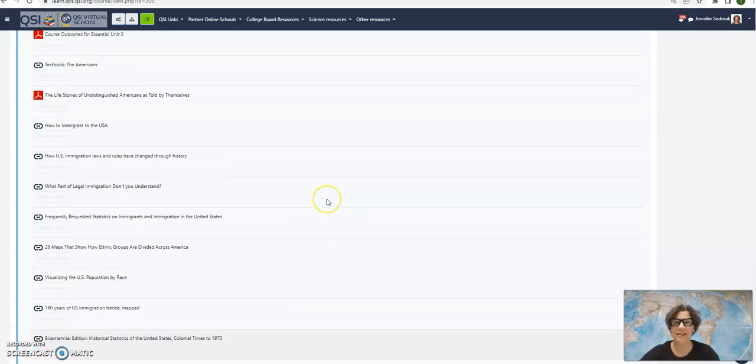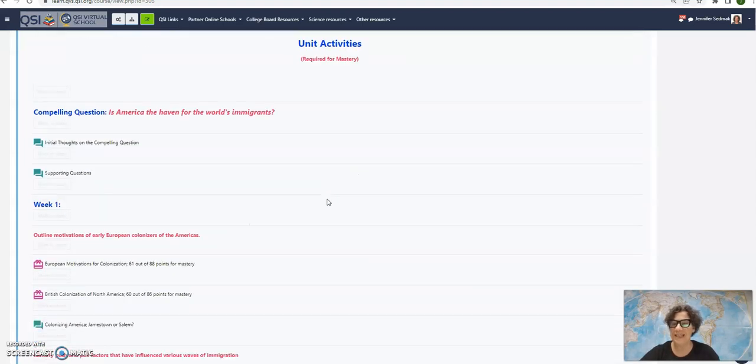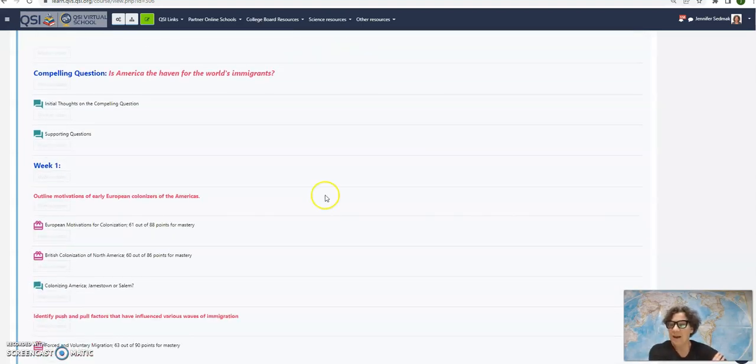If you look at one of the maps in the activities, you'll see that migration to the United States is the #1 destination throughout world history since 1500. And the big question is, is it a haven? When people moved there, did they experience success?